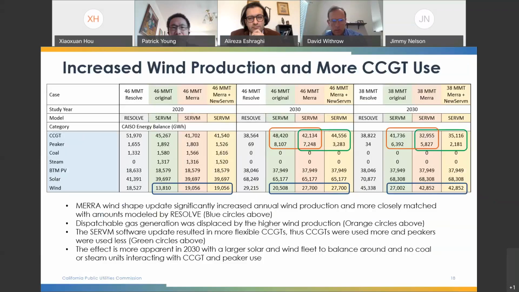So the narrow wind shape update significantly increased annual wind production, which more closely matches the amounts that were modeled by Resolve. And this is shown with the numbers circled in blue on the table. And you can see that wind production increased definitively after we updated the wind shapes.